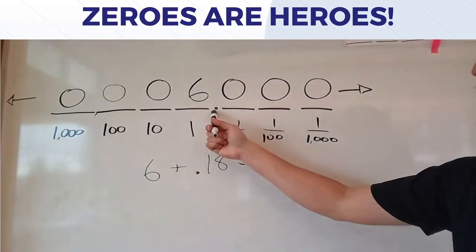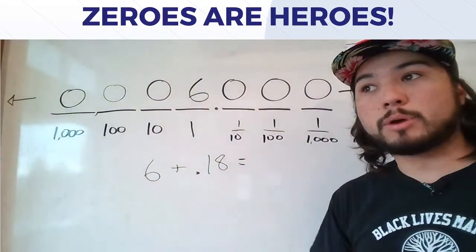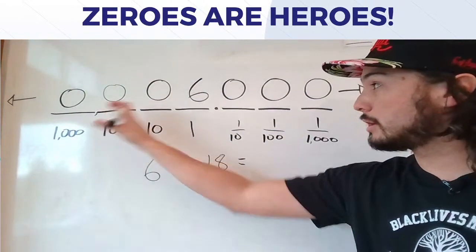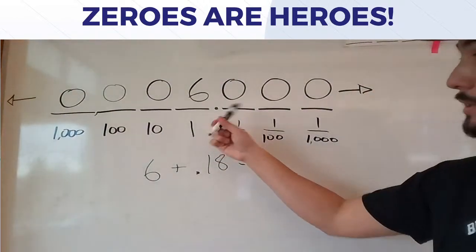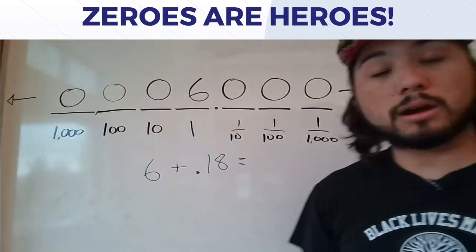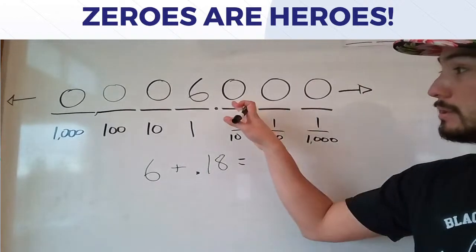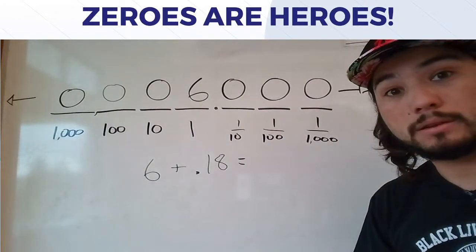Because that decimal place is kind of our demarcation line. It's where whole numbers end and fractions begin. And it's always going to be to the right of the ones place and to the left of the tenths place.